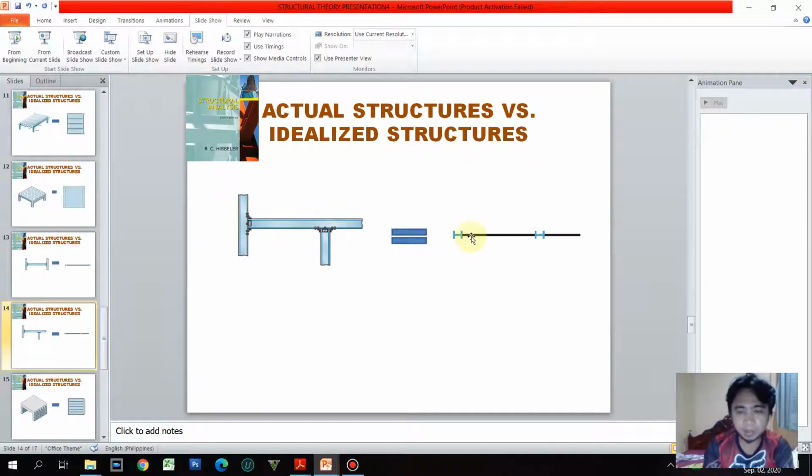Just the same, the line will be fully attached to the I-beam on the top view. But if we have a hinge or pin connected support, we will just have a space here, or will not attach the line on the I-beam here. Okay, so that's the principle.